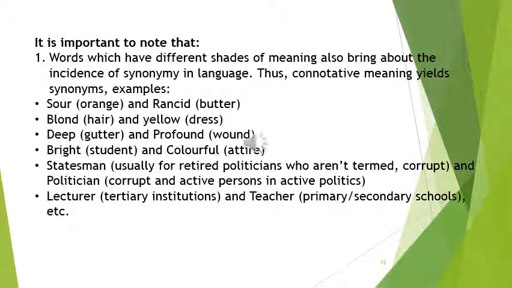They are synonyms. That is, they have similar meaning. Also, words which have different shades also have synonyms. That is, they have other words that are similar, as we can see from this example given in this slide.